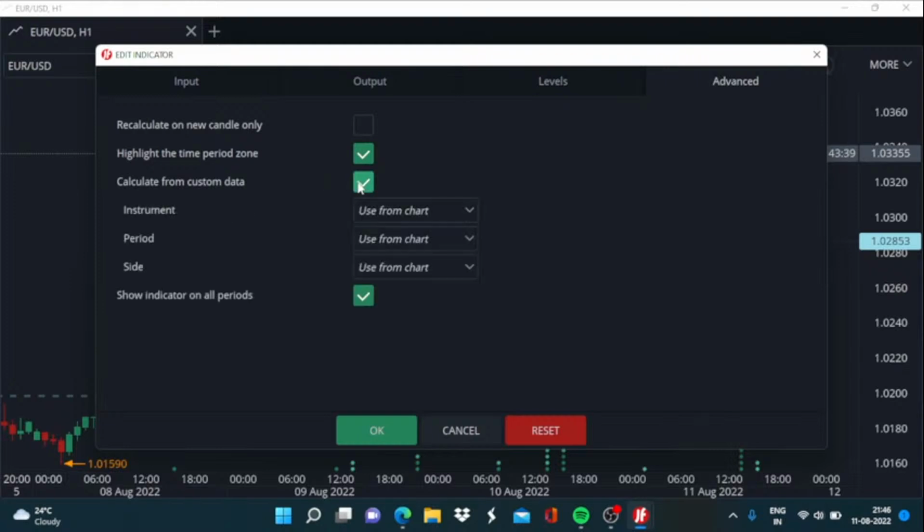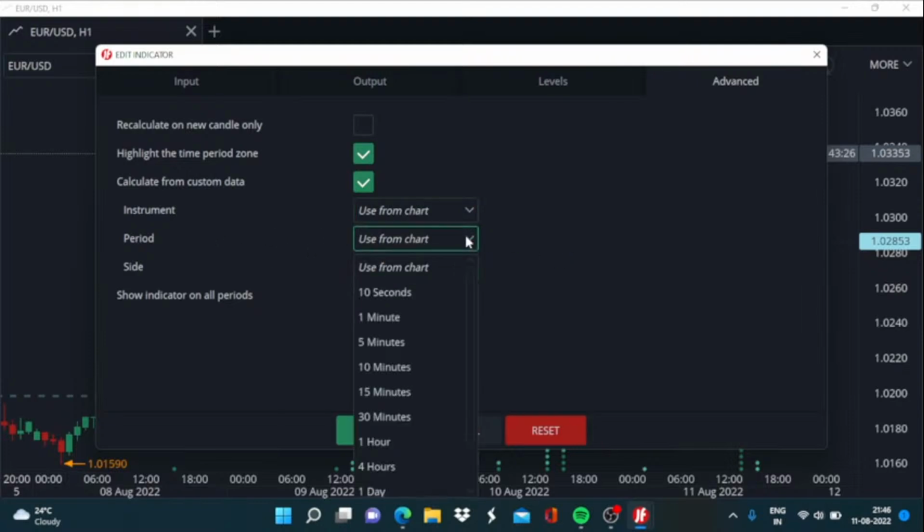The calculation can be customized further. We can opt for the instrument to be chosen from the chart, or you can simply use it of your choice, Euro USD or any other instrument. The candle period can be used from the chart. So whenever you change the candle period of the chart, the indicator's calculation period will be changed accordingly.